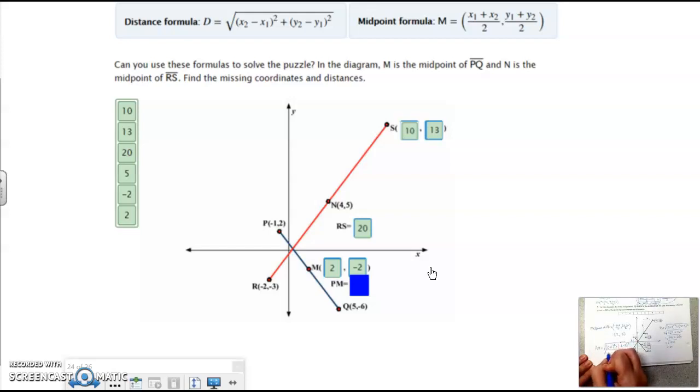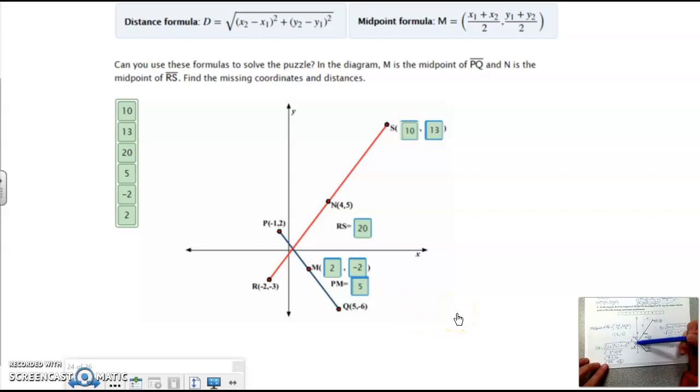So that's 3 squared plus 4 squared. And if you want, you could say that's negative 4, but it's the same thing. So that's just 9 plus 16, which is 25, and the square root of 25 is 5. So PM is 5.